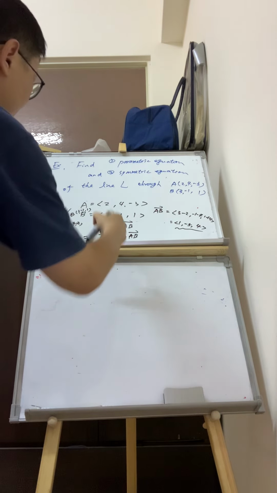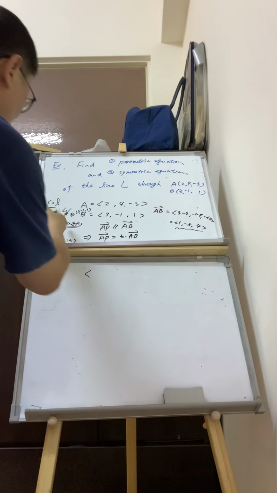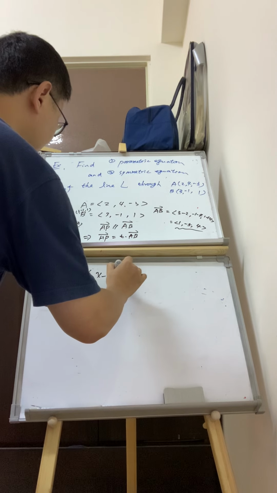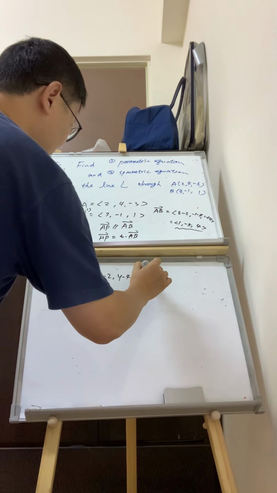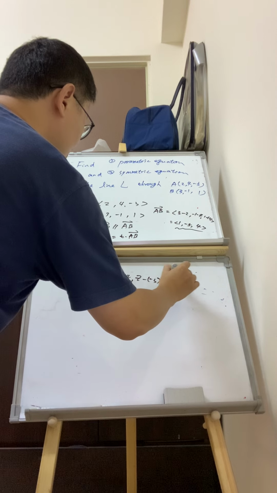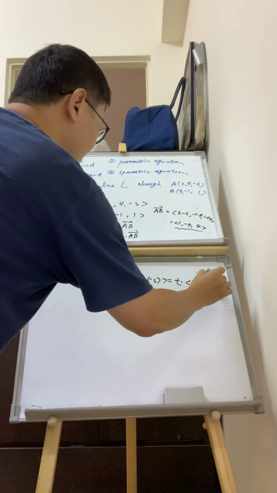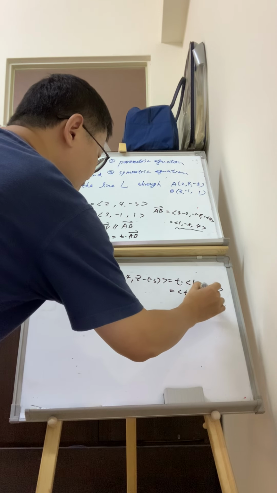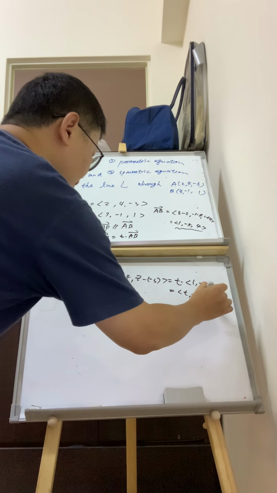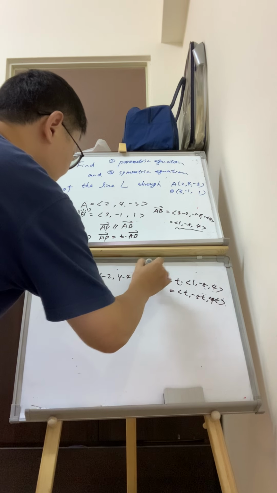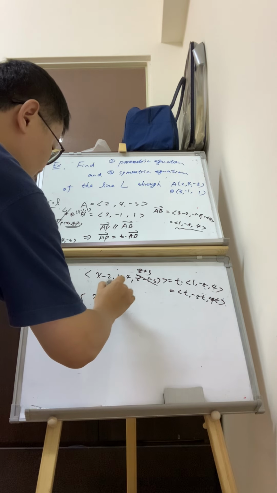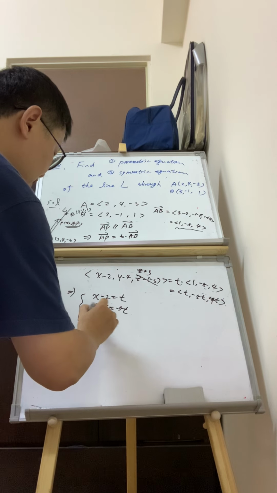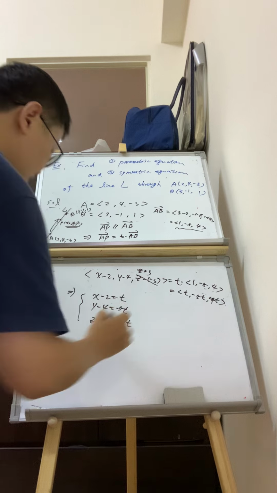So AP, with P the point (x, y, z), is (x subtract 2, y subtract 4, z subtract negative 3). It's equal to t times (1, negative 5, 4). So it's t, negative 5t, 4t, and z plus 3. So you will get x subtract 2 equals t, y subtract 4 equals negative 5t, z plus 3 equals 4t.